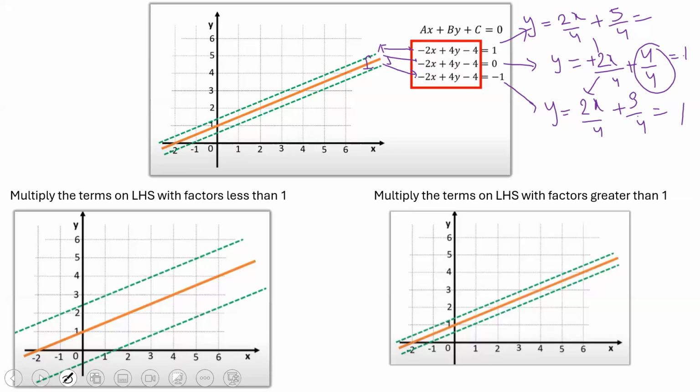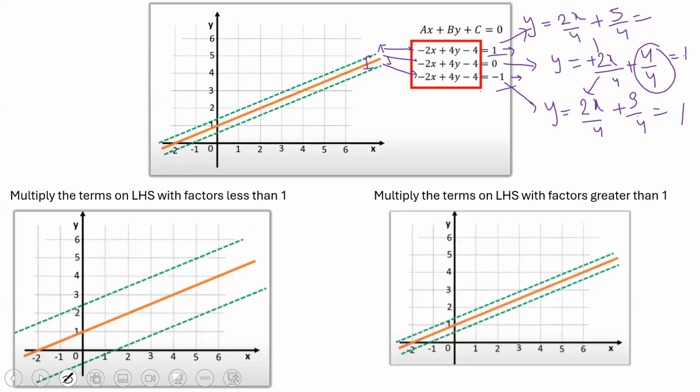What we have done here is kept the LHS the same, but the RHS is +1 and -1 for the above and below ones, so that you get a line parallel to it above and below. Any questions here, or is this clear? We're just trying to normalize. We're just trying to find a line above it, such that the left hand side and right hand side are equal to 1 and -1.